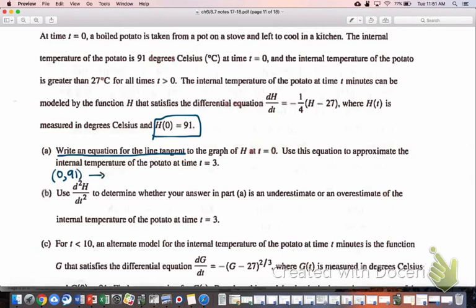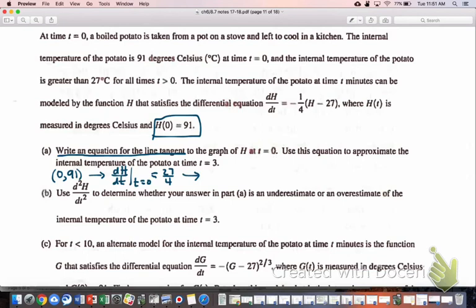Okay, and then how do I find the slope of the tangent line? That's the point of tangency. How do I find the slope? Plug into dH/dt. That's right, because dH/dt is the slope of the tangent line. So this would be dH/dt at t equals 0, which equals, if you plug in a 0, 27/4, 6.75. So my equation of the tangent line, it's okay if you use y's and x's or h's and t's.